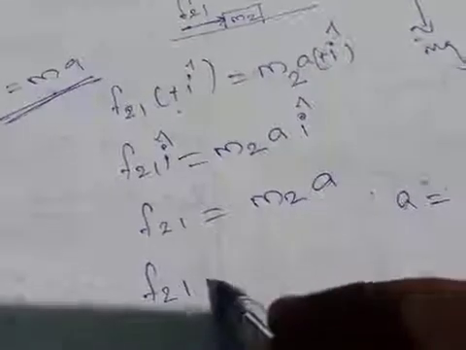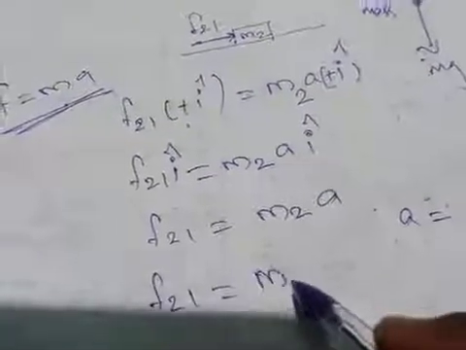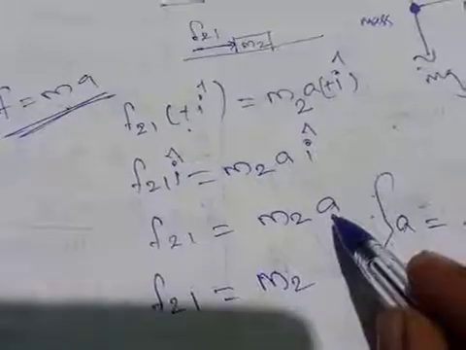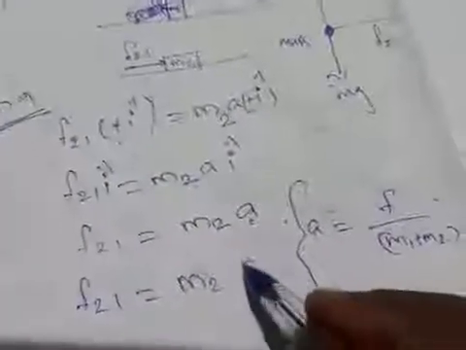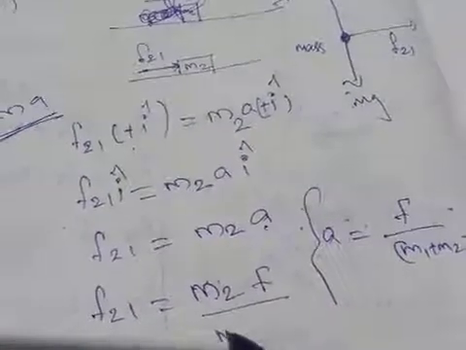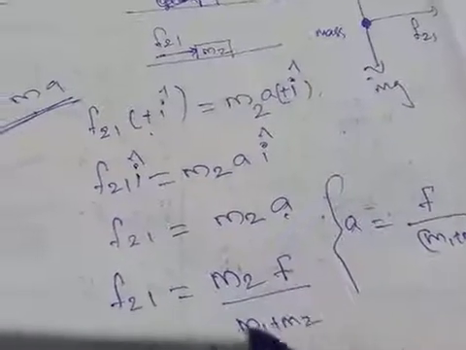So F2 is equal to m2 into a, and the value is F by m1 plus m2.